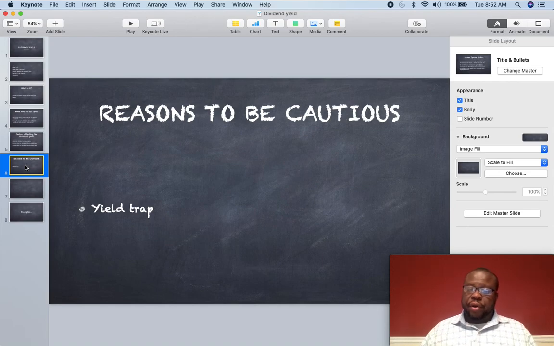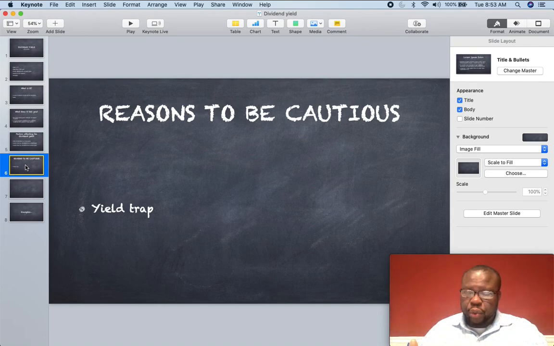There are companies out there that have lower yield, 1%, and companies that have higher yield, 7, 8, 9, 10%. But let's focus on this yield trap. We said there are a couple of things that can increase the dividend yield.